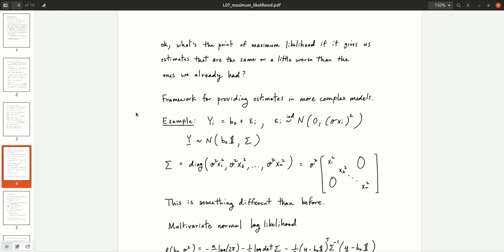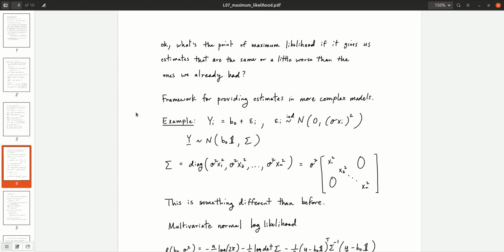So the real power is not in these simple cases. The real power of maximum likelihood comes from more complicated situations where it's not exactly clear how you would generate an estimate otherwise.